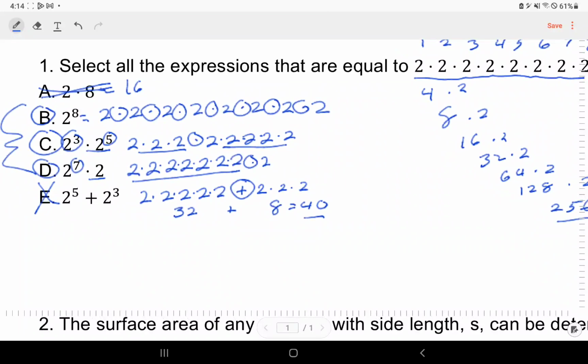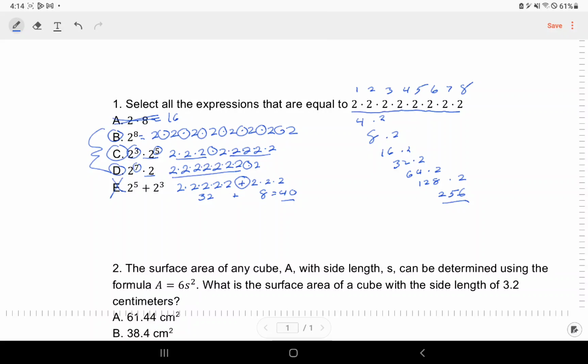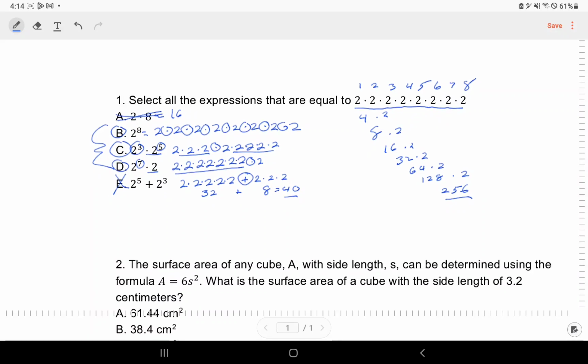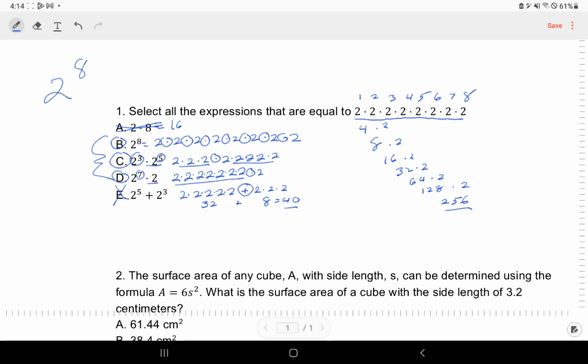Okay. So, for 2 to the 8, this is called the base. That's our exponent.